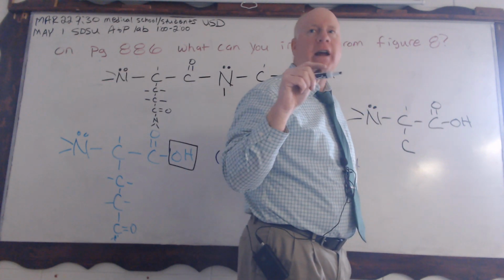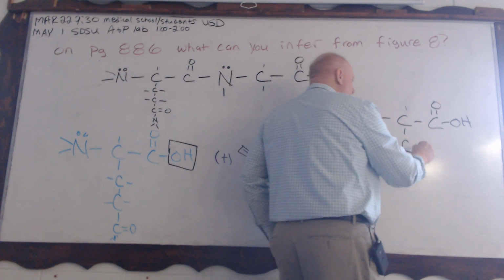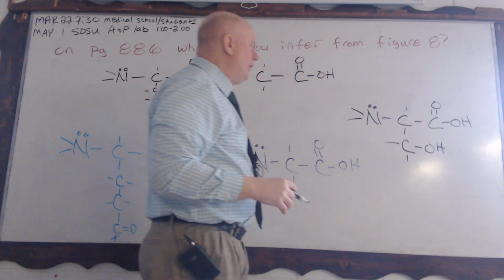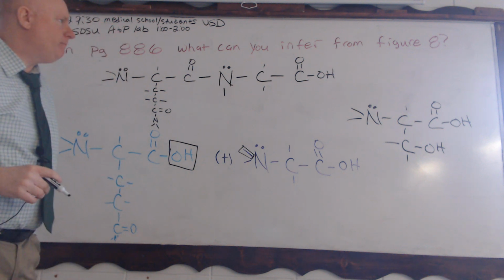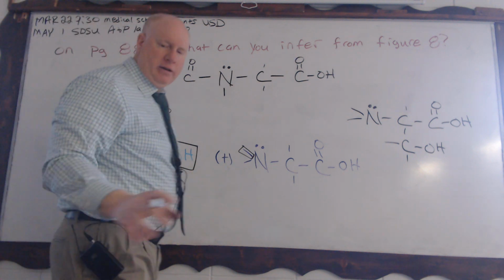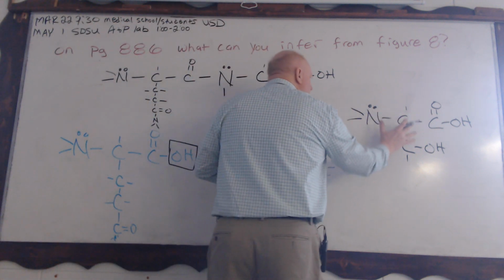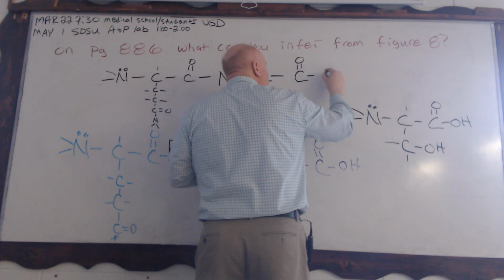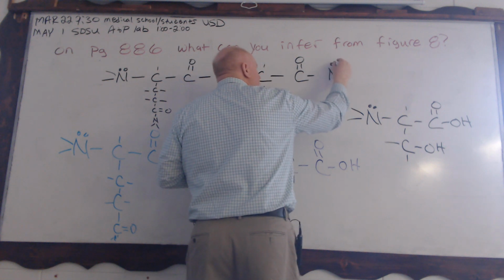And then what is attaching onto that carbon? Okay? So now there is our serine. Now we're going to take that content and put it up there. So this would disappear. There is our next nitrogen.